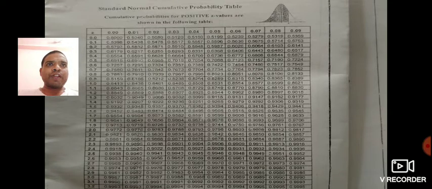Please check the intersection of the 1.4 row and the 0.01 column, where we get 0.9207.